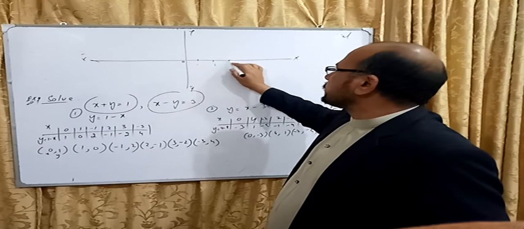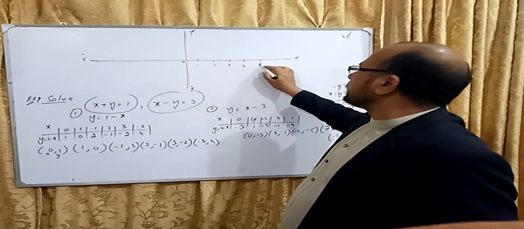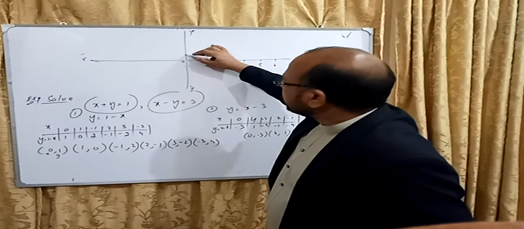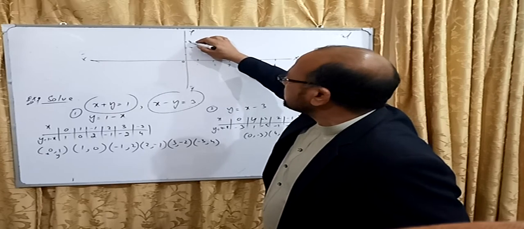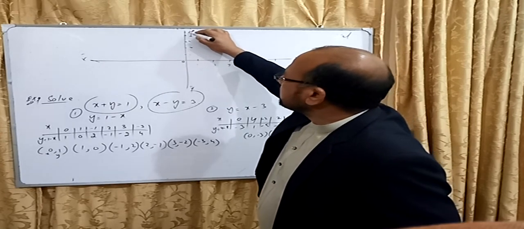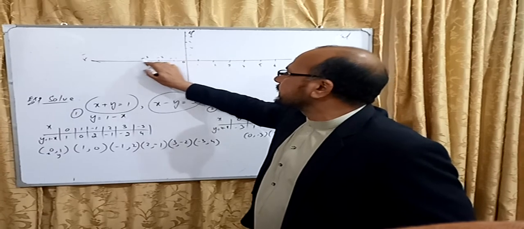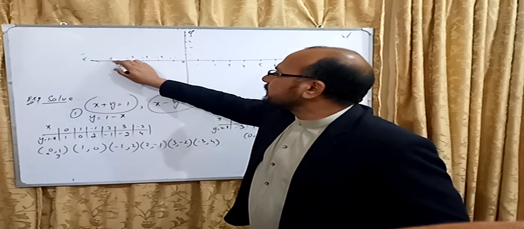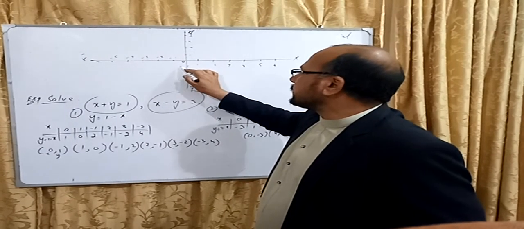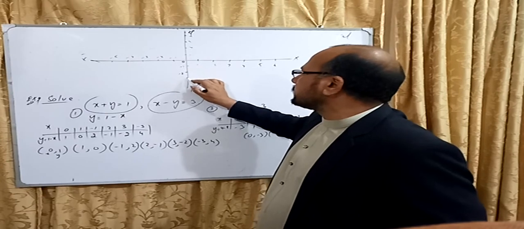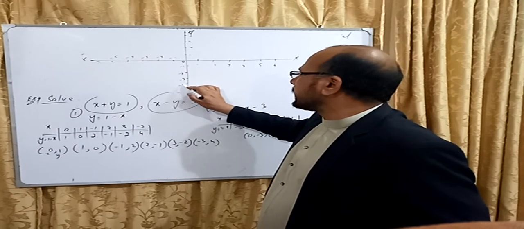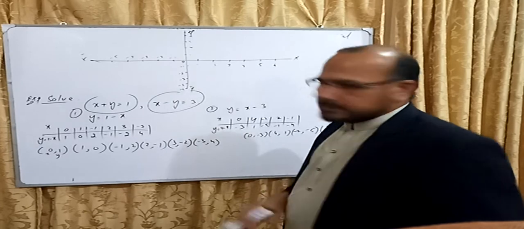Here 1, 2, 3, 4, 5, 6. Here also 1, 2, 3, 4, 5. Here minus 1, minus 2, minus 3, minus 4, minus 5, and here also minus 1 to minus 5, and so on.